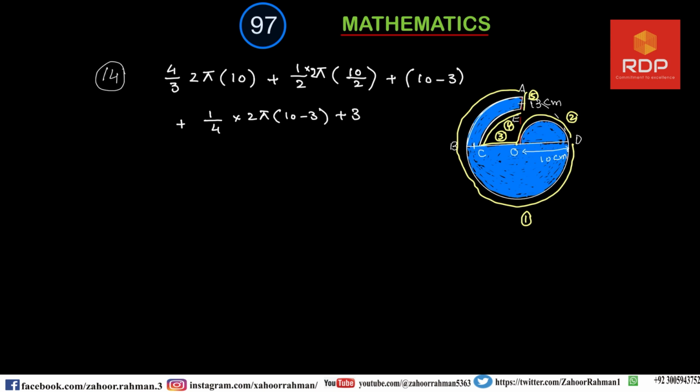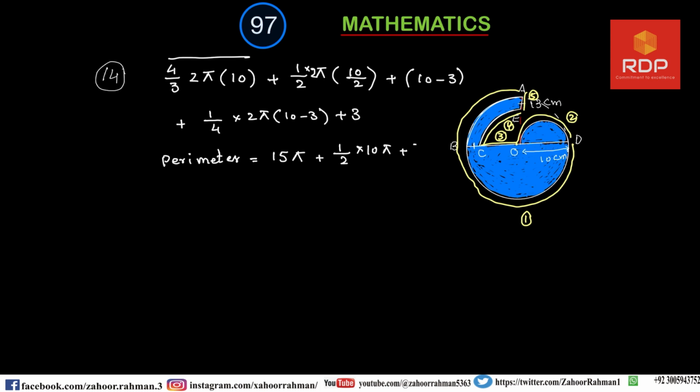So we have to find the perimeter of the shaded region as, first it will be 15 pi, the first one, from this part, and then the next one is 1 over 2 into 10 pi, I am writing.